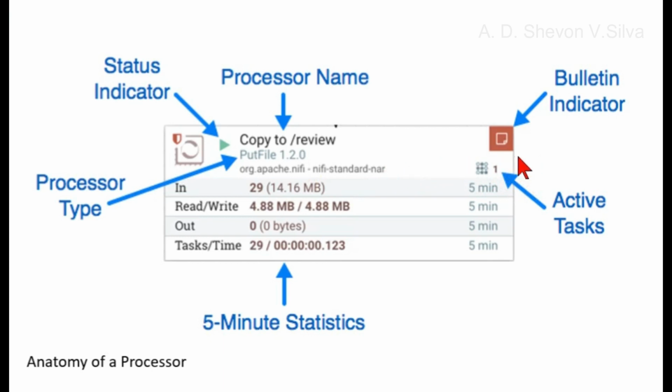Bulletin indicator. When a processor logs that some event has occurred, it generates a bulletin to notify those who are monitoring NiFi via the user interface.